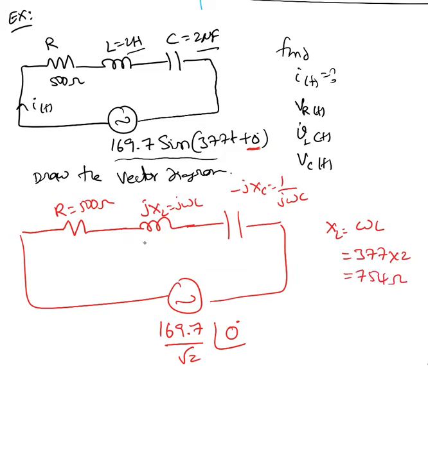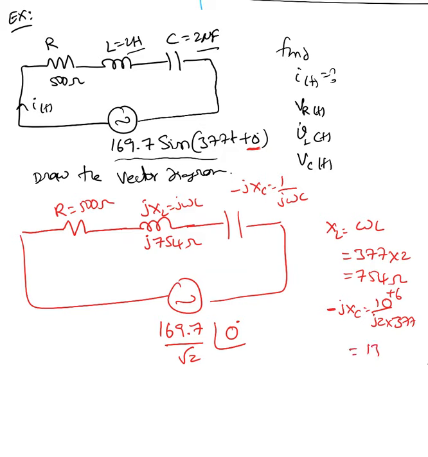Remember, this is called inductive reactance. This inductive reactance is always a plus j, 754 ohm. Capacitive reactance is always negative: minus jXC equals 1 over j times 2 times 377 times 10 to the power of minus 6, so 10 to the power of positive 6 in the numerator.